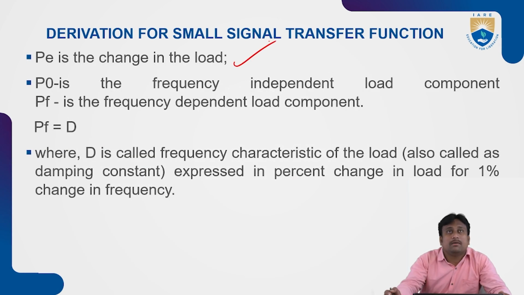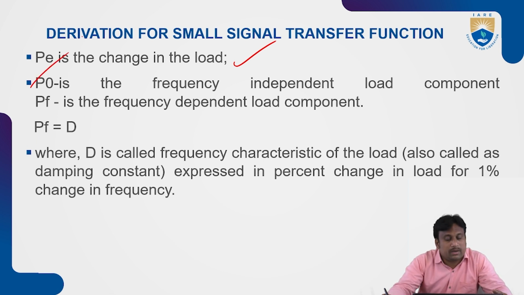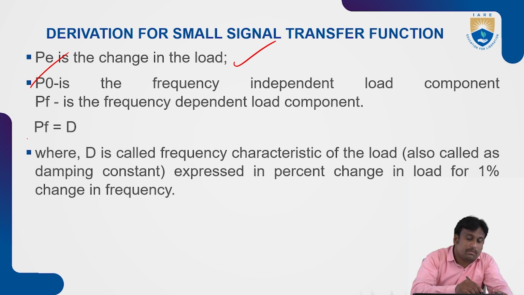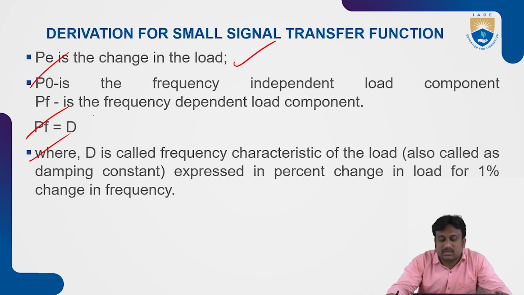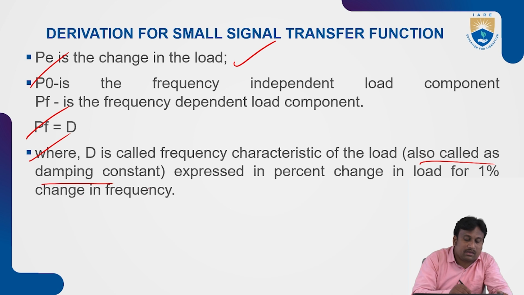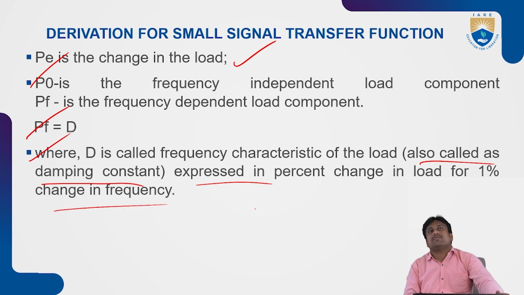The variables represented are: P is the change in the load, P naught is the frequency independent load component, and PF is the frequency dependent load component. PF equals D times delta omega, where D is called the frequency characteristic of the load, also known as the damping constant, and it is expressed as the percentage change in load for a 1% change in frequency.